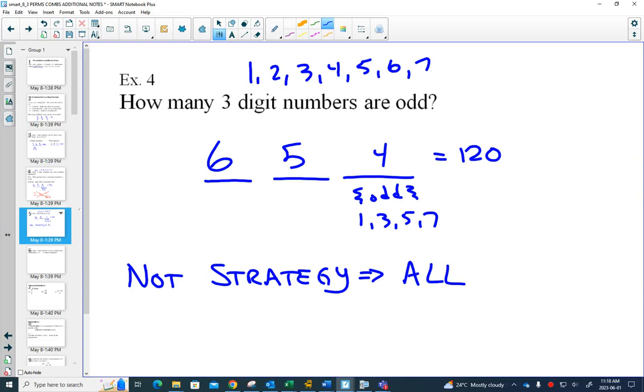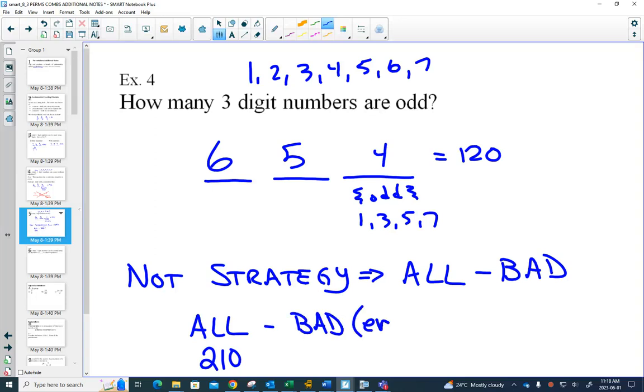You count all of them and you subtract the bad ones. So in our situation, we already counted all of them in example number 2. In example number 2, we found out that using the numbers 1 to 7 without repetition, there are 210 in all. Then we're going to subtract the bad ones.